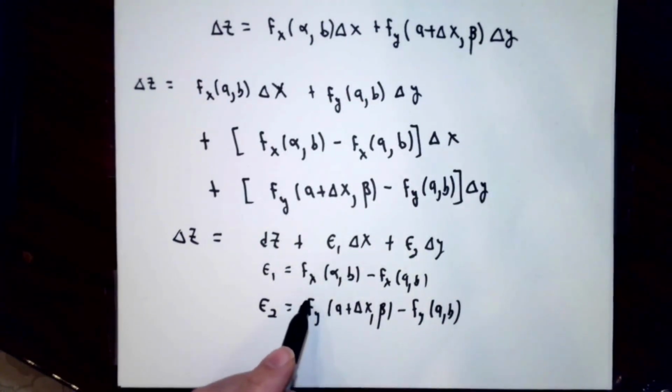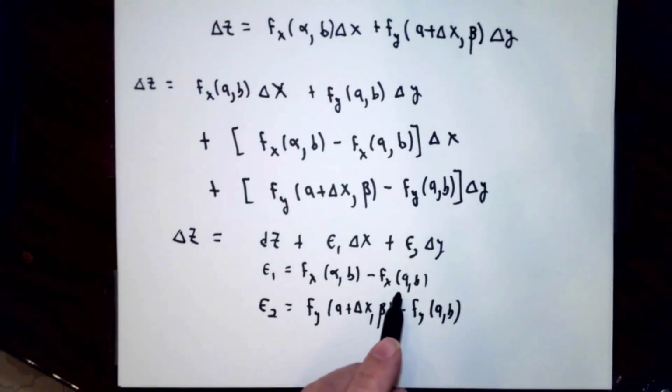If the partial derivative is continuous, then its limit is going to equal the partial derivative of f with respect to x evaluated at ab, and that's what I'm subtracting away. So as delta x and delta y tend to 0, in particular, epsilon 1 tends to 0.